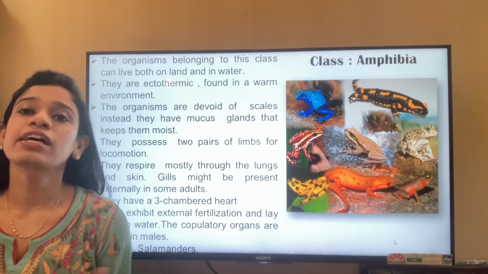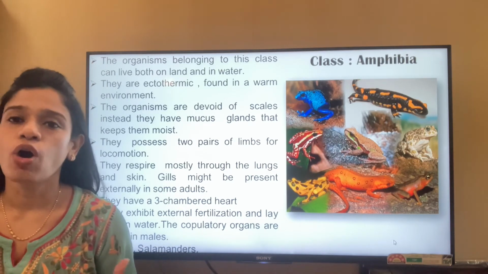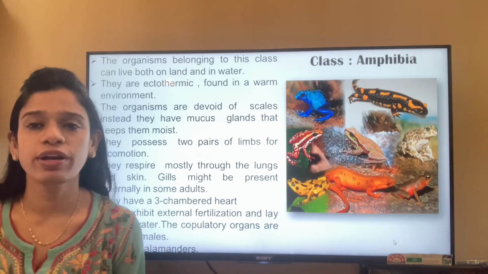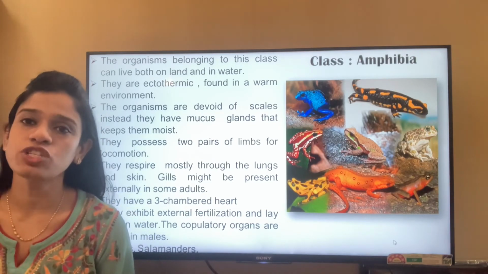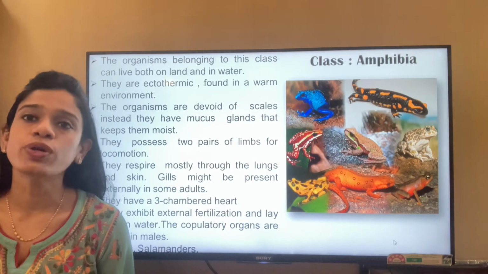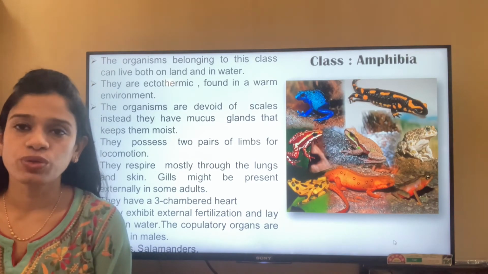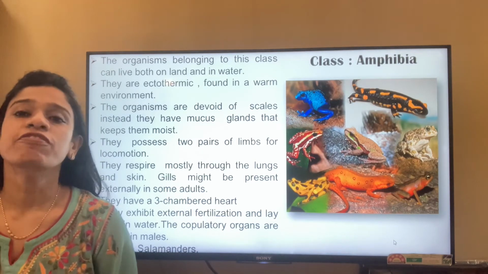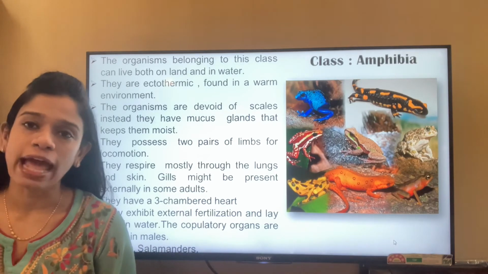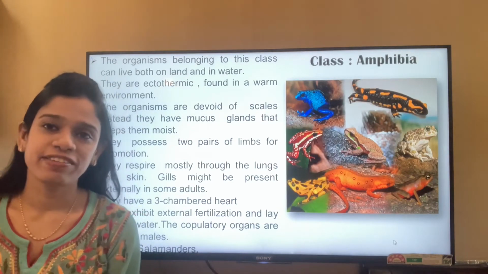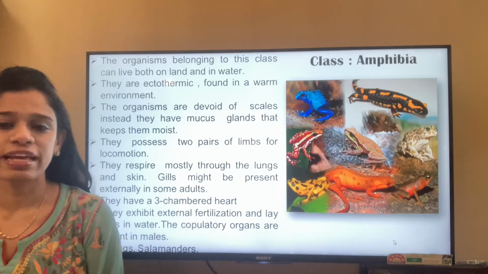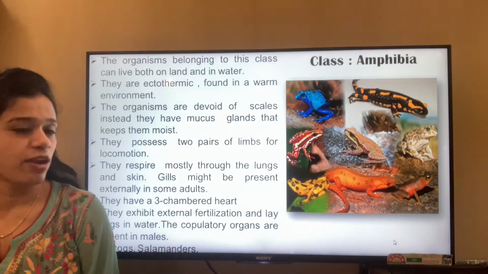So they are the link between the organisms of the water and the land. So these are the first organisms which had come out of water and moved into land and helped for the further evolution for the land animals.